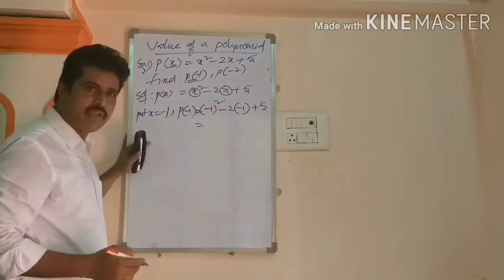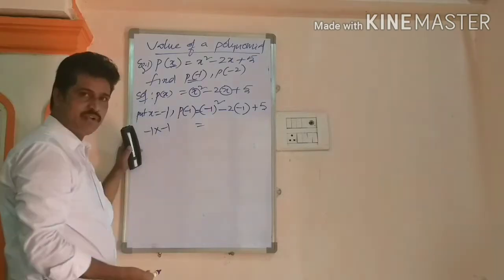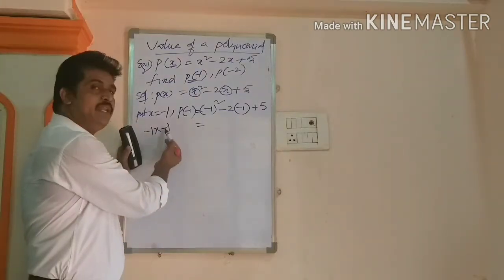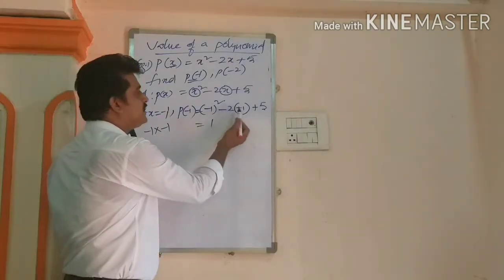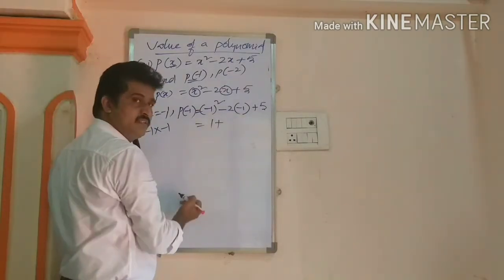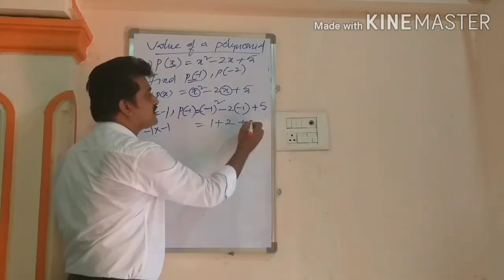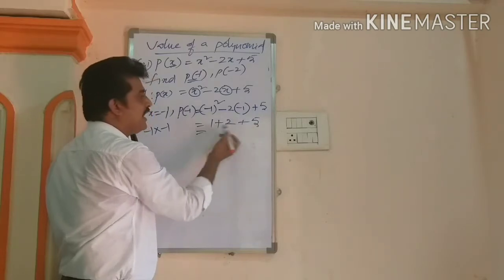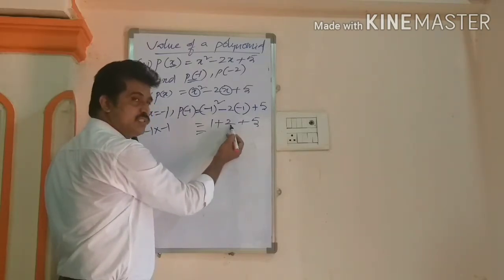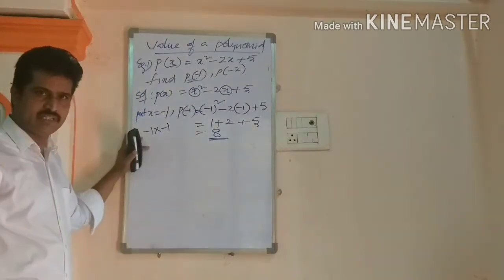Minus 1 whole square means minus 1 into minus 1. Minus into minus is plus, 1 ones are 1. Minus into minus is plus, 2 ones are 2. At last 5 is there, plus 5. Everything is plus only. So add everything: 5 plus 2 is 7, 7 plus 1 is 8. That is the value of that polynomial, that's all.